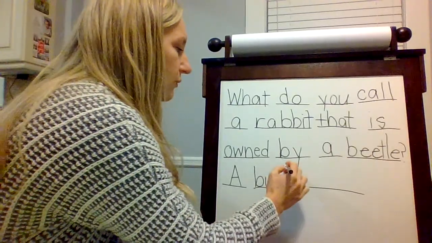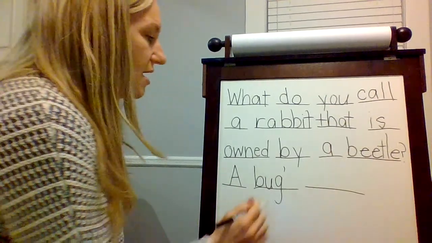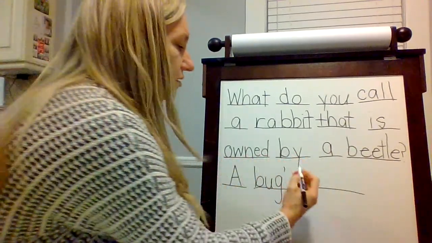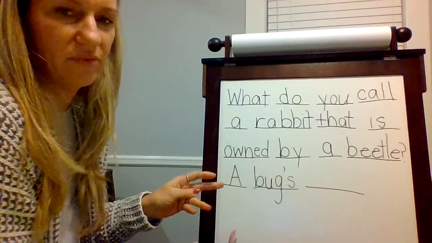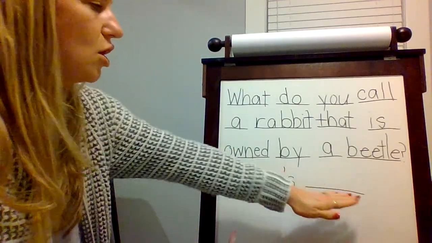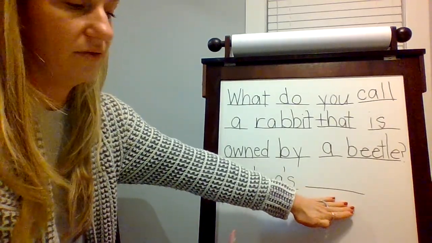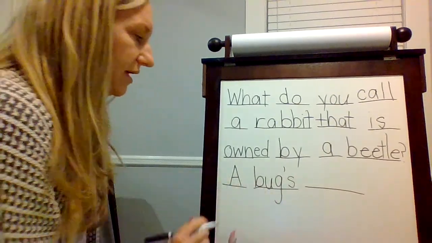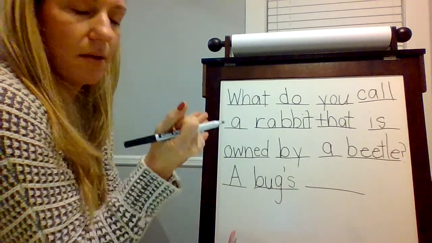Now, here we're going to have an apostrophe and then our s, sun. Remember, we've had this just a few times, and it's kind of telling us that whatever this object is here, we know the word is bunny, it belongs to the bug. Okay, so A, bugs, bunny.